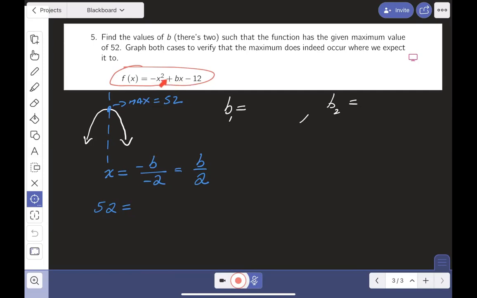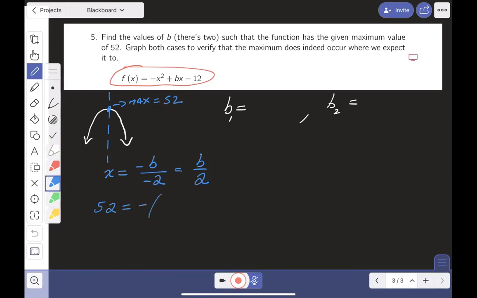Let me do that. Minus something squared plus b times something minus 12. All right, now what's the something? b over 2.